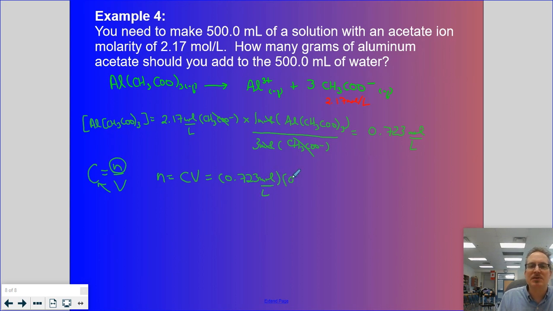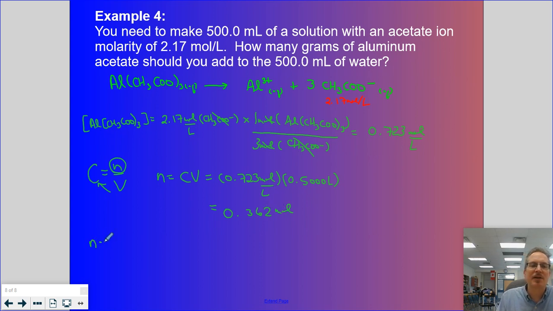My volume, 0.5000 liters. So I can get my moles to be times that number by 5, 0.362 moles.